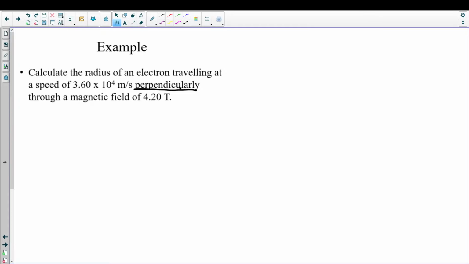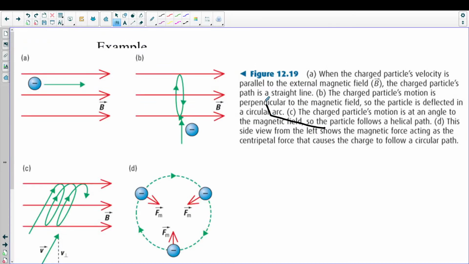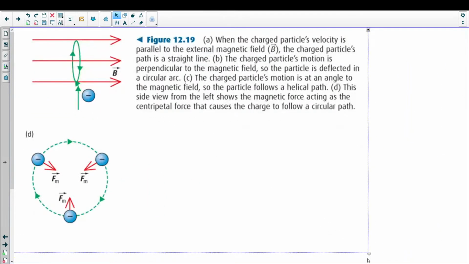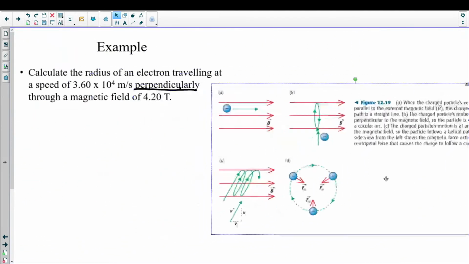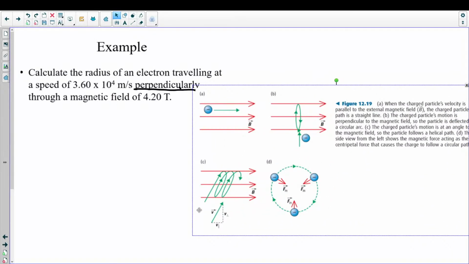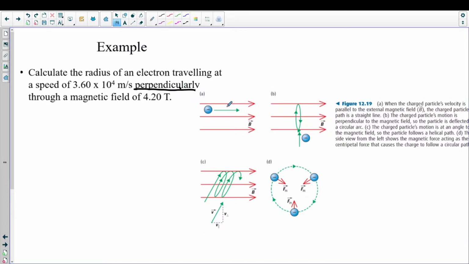This is an image that I found, which I'll briefly reference here. Remember, only the perpendicular component experiences force. So if you enter the field parallel, nothing will happen; you do not experience any force.